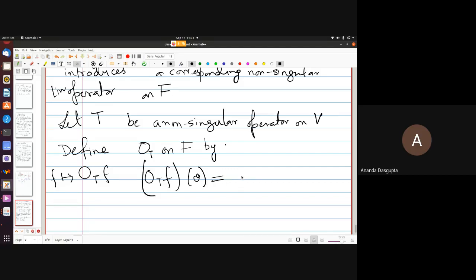But what we need to do now, using those, is define this new function OTf, which acts on V to produce a number. And the definition that we use, okay, this is a definition. Being a definition, you can't really argue with it, but you can of course ask why, what good it is. The definition that we use is this.